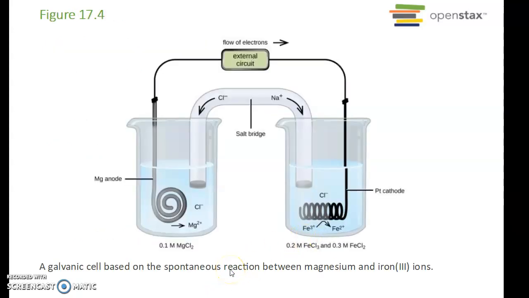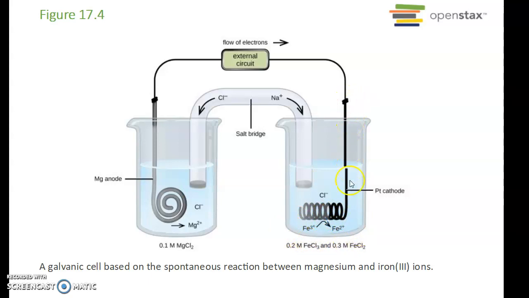So here's another example. Here you have magnesium as the anode, and platinum as the cathode. At that cathode, you have in solution Fe3+ ions being converted to Fe2+ ions. So this is the reaction that's taking place.